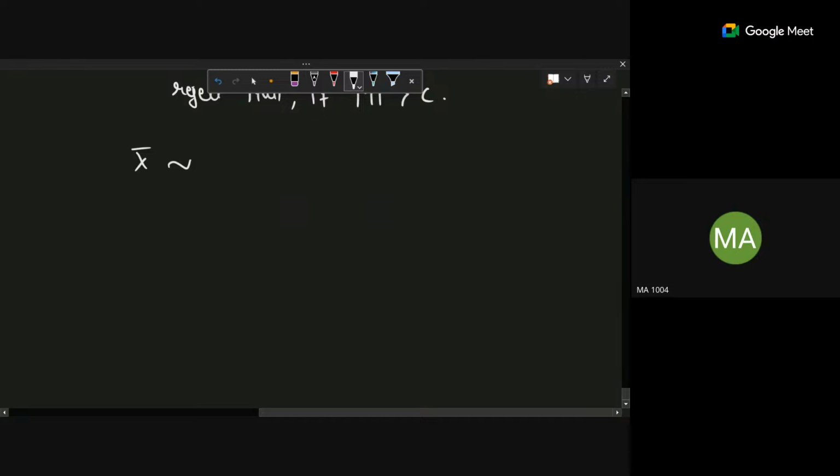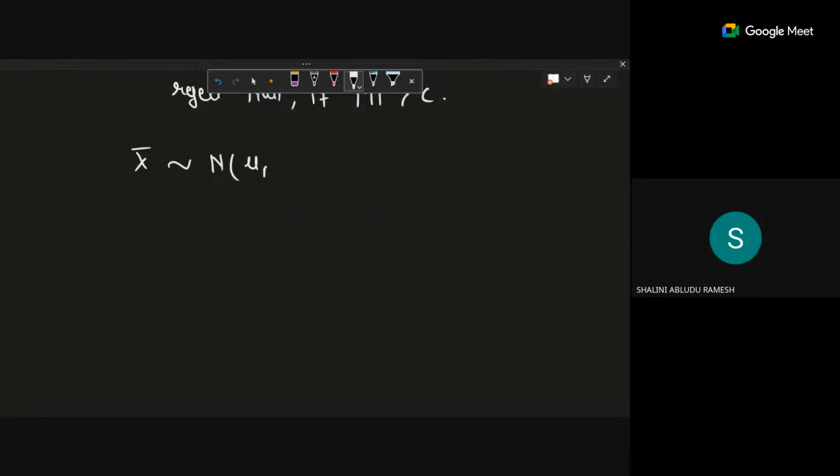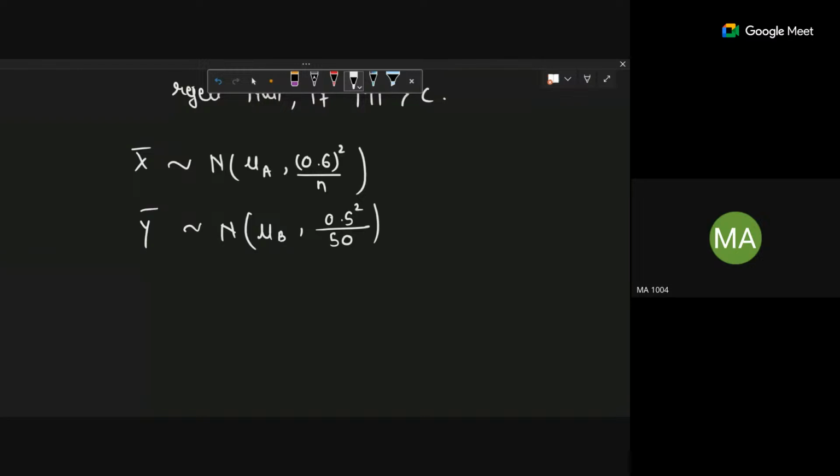So what will be your distribution for x bar? Mu A, 0.6 the whole square, divided by n. Okay, x bar is there. And what will be our y bar? It will be normally distributed with mean mu B and variance 0.5 square upon 50, since 50 samples they have taken.